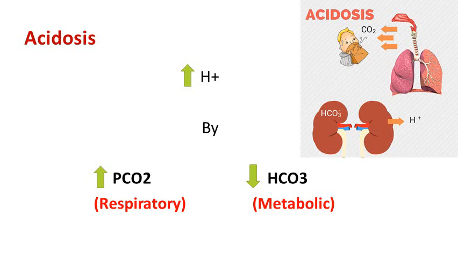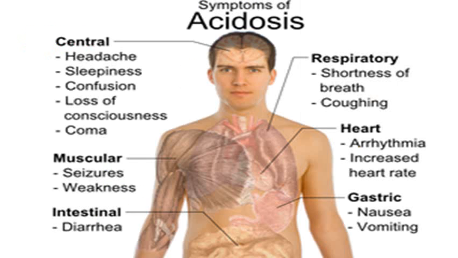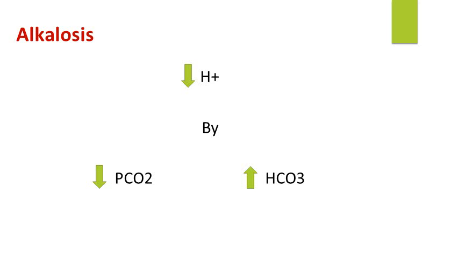Decrease in bicarbonate level means that the cause of acidosis is metabolic changes. Alkalosis means decrease in hydrogen ion level in the blood, either by decrease in PCO2 or increase in bicarbonate. As before, any changes in PCO2 level means that there is a respiratory problem. If there is any change in bicarbonate level, it means that there is a metabolic disturbance.